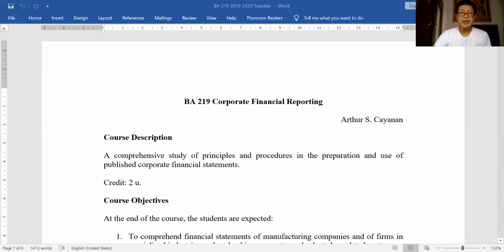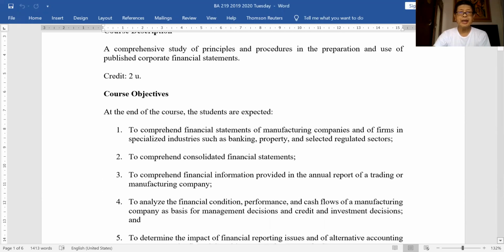All right. Now, what are the course objectives? At the end of the course, you are supposed to comprehend financial statements of manufacturing companies and of firms in specialized industries such as banking, property, and selected regulated sectors.